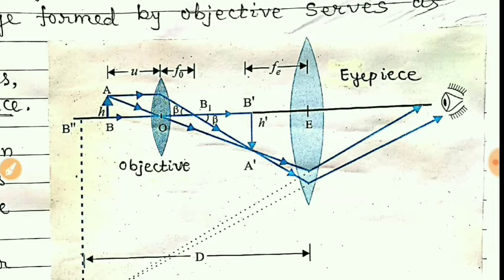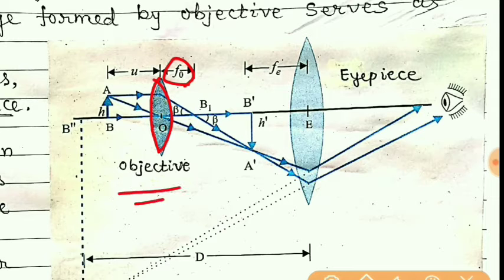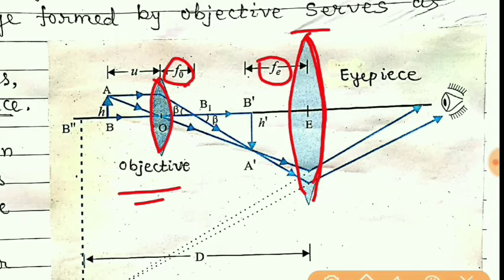Now focal length as well as aperture of this objective is quite small compared to the eyepiece. Eyepiece has a larger focal length as well as larger aperture, that means the surface area of the lens is also more.